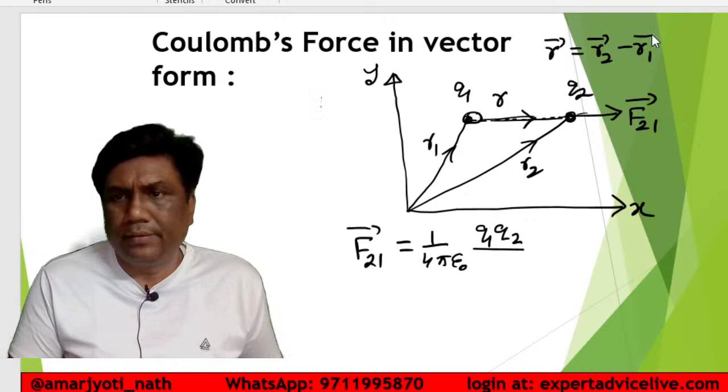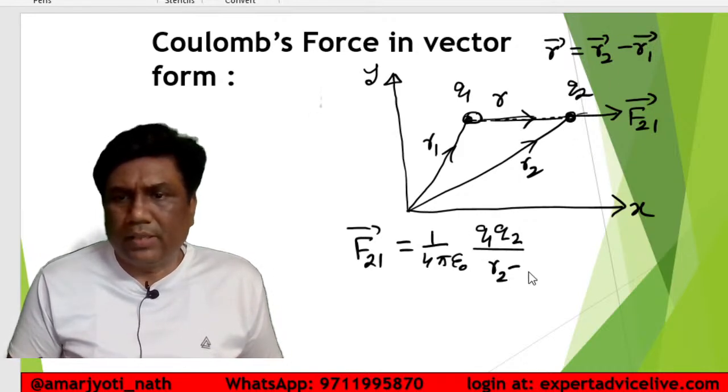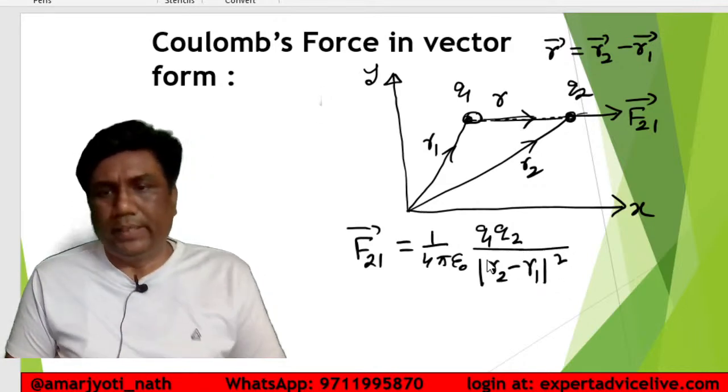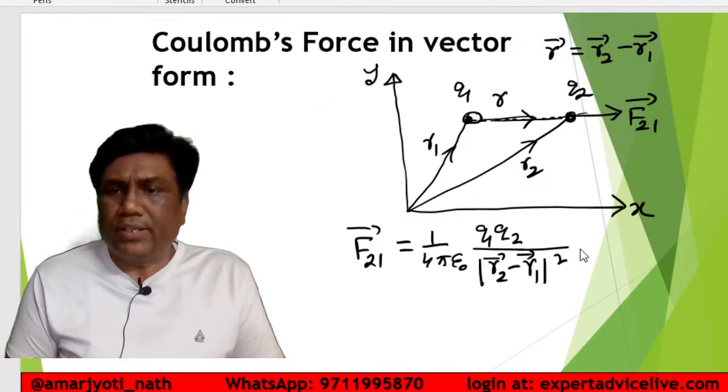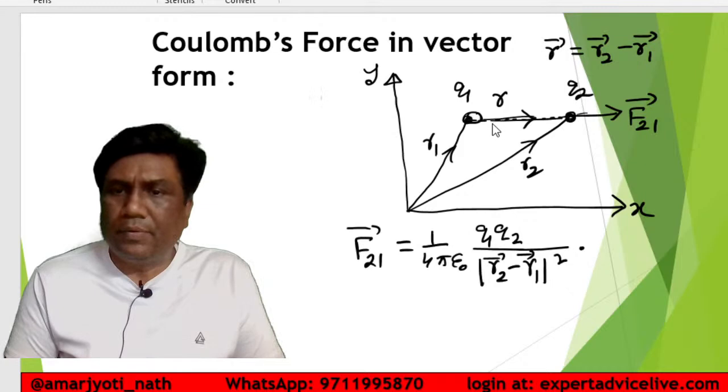But here I need the magnitude, because nothing can be divided by a vector quantity, we have to divide by the magnitude only. So it is R2 minus R1 whole squared. And the direction will be along this direction.